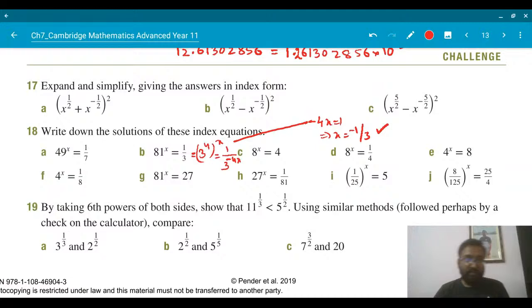And this 19th one is important. Can you read the question? So here the question is different, with different powers. How can we compare which one is bigger, which one is smaller? So that is a different logic here.